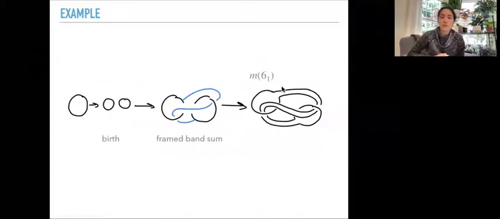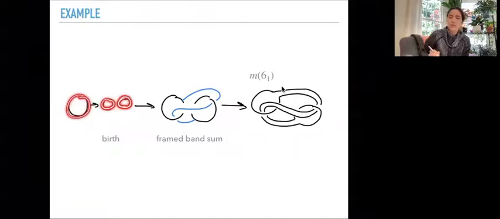So here's an example of a ribbon cobordism from the unknot to the mirror of 6-1. Notice that the first thing we have going on here is a birth. We took this unknot and now we have a birth of a second unknot next to it. And then we just do a band sum. Notice that it's going to be a framed band sum.